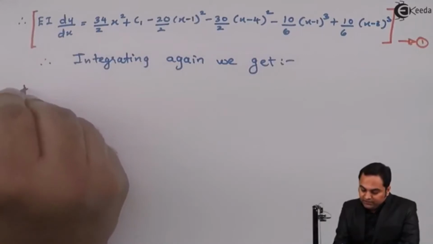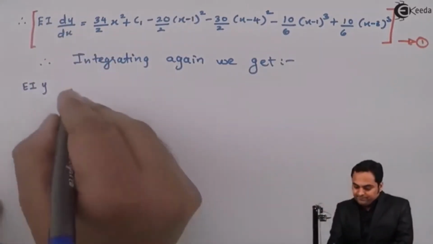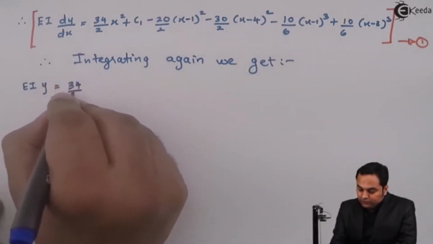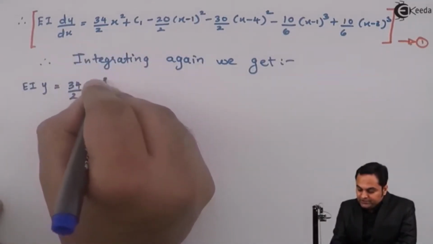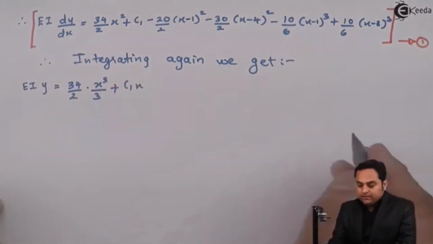here we have EI, it will remain as it is, dy by dx becomes y, then 34 by 2 x square, integration is x cube by 3 plus c1, integration is c1 into x.